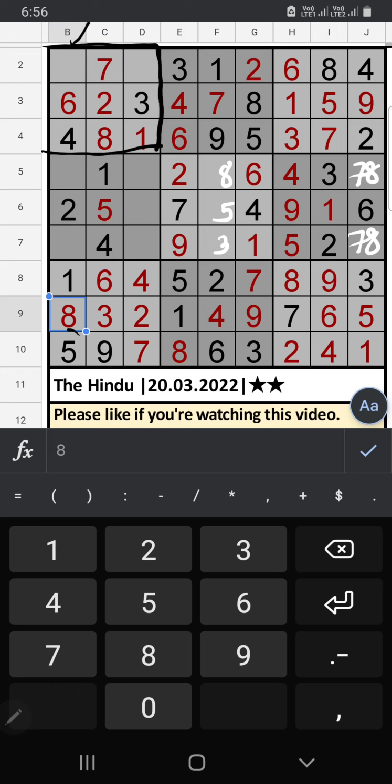Column B, we have 5, so 5 can't come in this cell, 5 is confirmed here, then 9 is here. Column B, only 2 numbers are remaining: 3 and 7. 5th row, we have 3, so 3 can't come in this cell, 3 is confirmed here, then 7 is here. Since 7 is here, 7 can't come in this cell, 7 is confirmed here, then 8 is here.